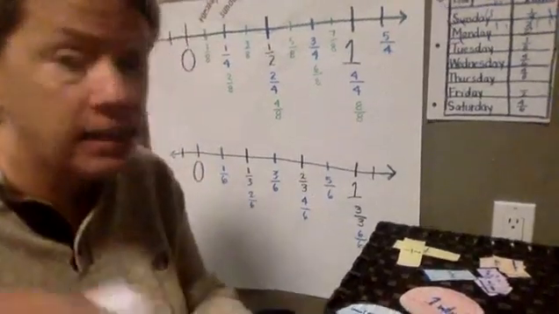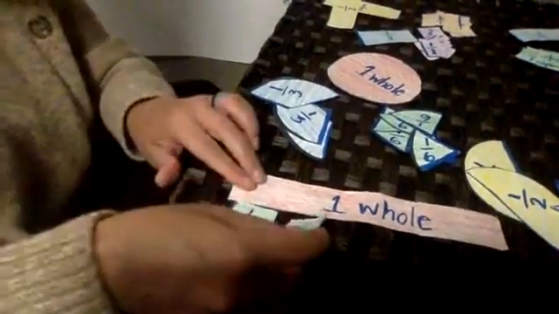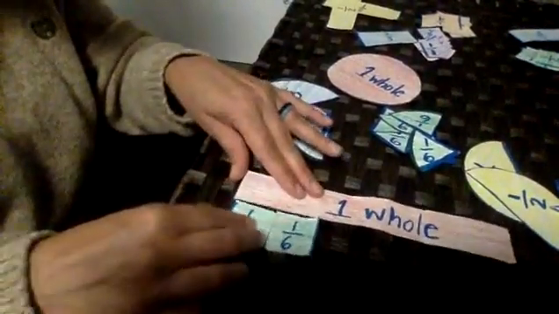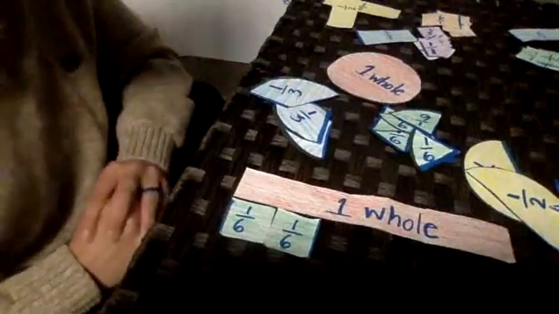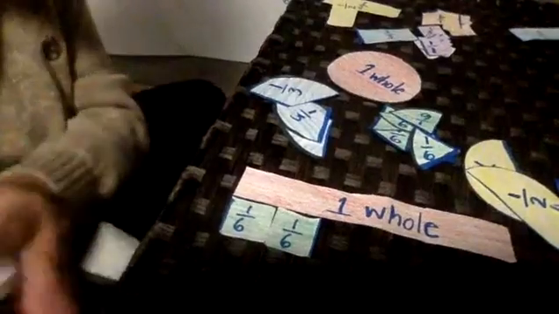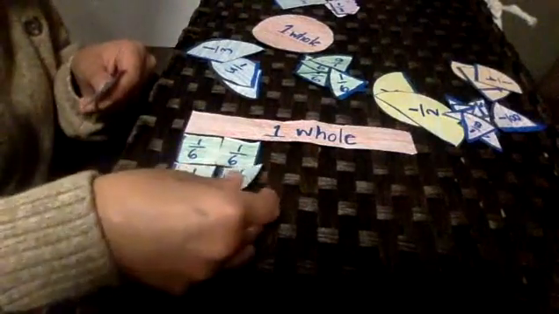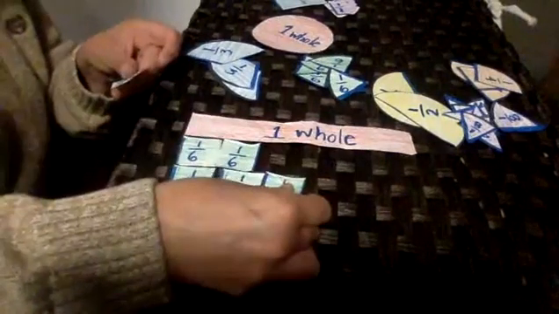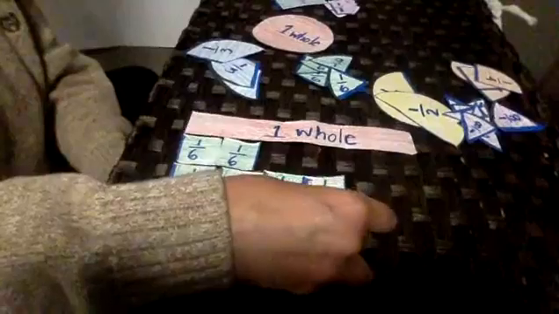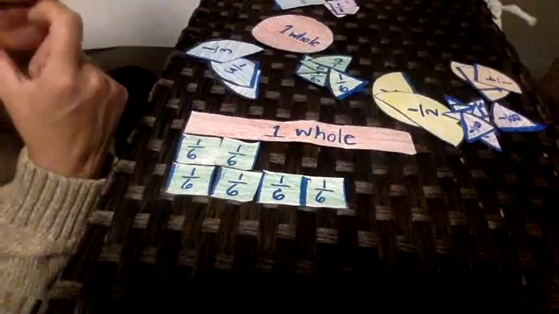So here is Monday. Monday's going to be on top because Monday's the first day of the week. So Monday is 1/6 and 2/6. Okay. Now let's do Wednesday. Wednesday has 4/6. So I'm going to do Wednesday below. Here we go. 1/6, 2/6, 3/6, 4/6.